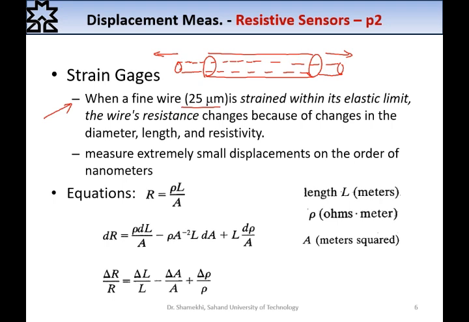If we use metal in a strain gauge, the resistivity will be constant. But if we are using semiconductor, the resistivity of the material will be changed. Therefore, that parameter should be considered in our formulation.